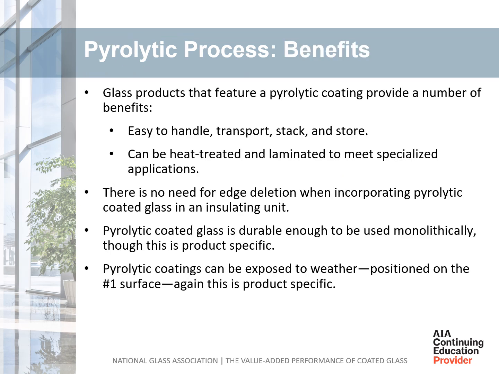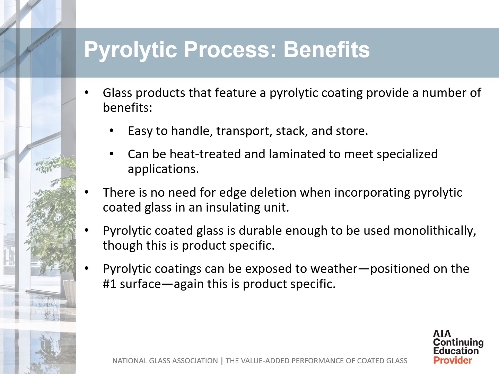The pyrolytic coatings are metallic oxides, usually consisting of a fluorine-doped tin composition that has electrical conductivity properties. As the coatings are fused to the glass surface, they are very durable. The hard coating provides a surface that makes this type of glass easy to transport and store and is readily heat strengthened or tempered.